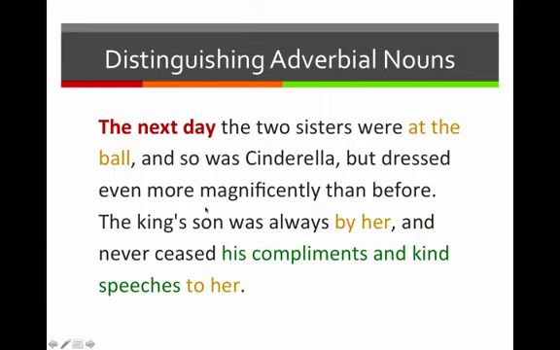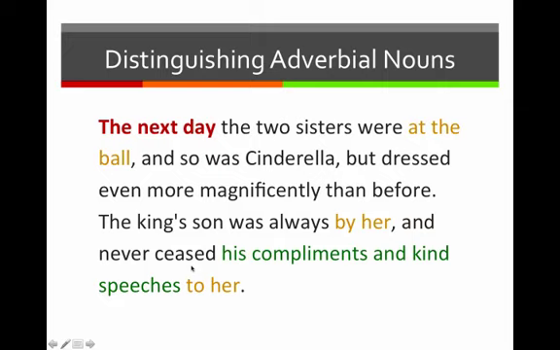How do I know this is an adverbial noun? I can move it. The 2 sisters were at the ball the next day. I could even say the 2 sisters were the next day at the ball. I probably wouldn't, but I can move this noun phrase around, which is a sort of red flag flare in the air that this is acting as an adverb. The king's son was always where? By her, and never ceased what?